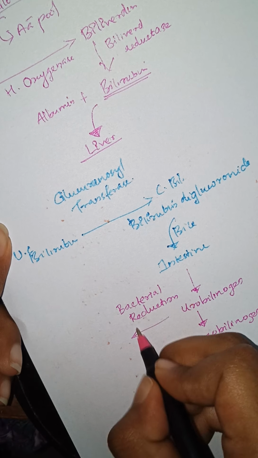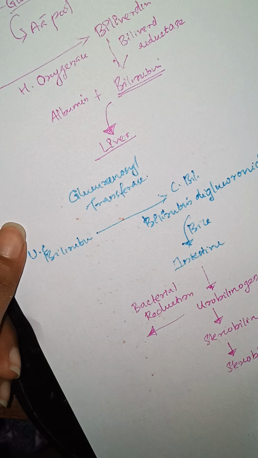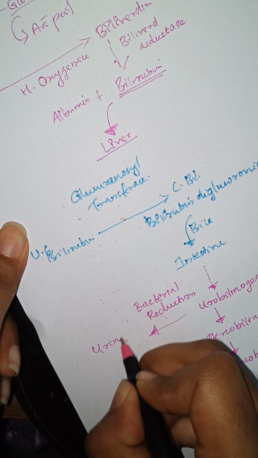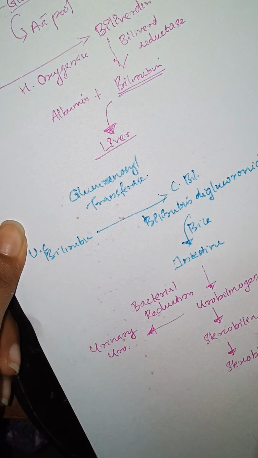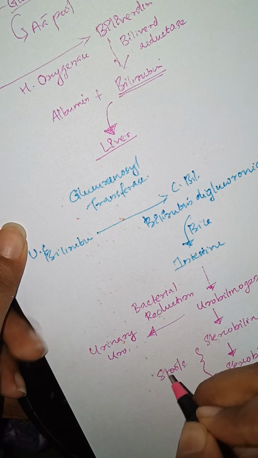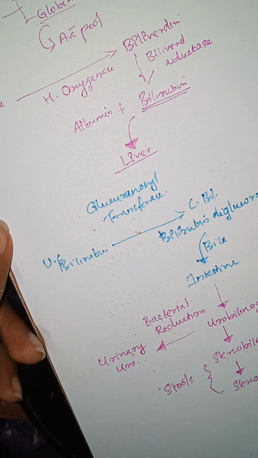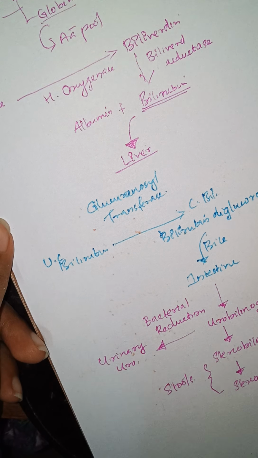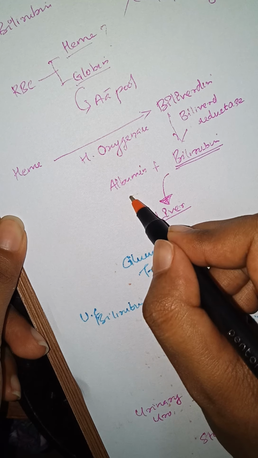Some amount of urobilinogen is absorbed from the intestine and is excreted through the urine as urinary urobilinogen, and stercobilin and stercobilinogen are excreted through stool. And the specialty of hemolytic jaundice is that we mentioned the albumin bilirubin complex.